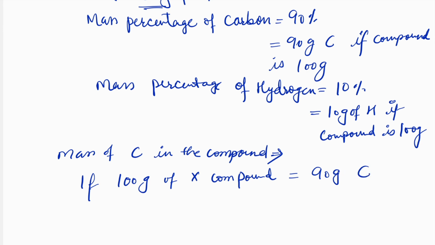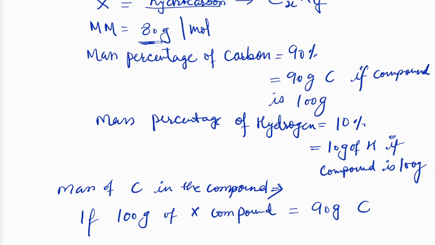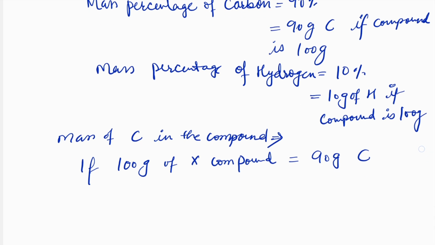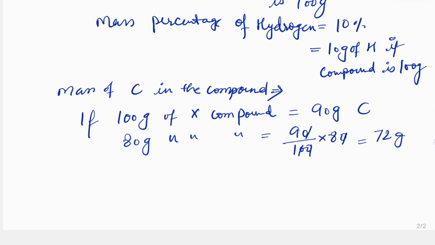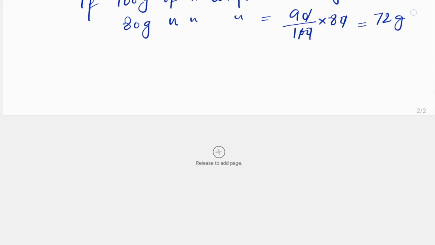But we have been given that the mass of the particular substance is 80 gram. So 80 gram of X compound is going to be 90 divided by 100 multiplied by 80. So that is going to be 9 8s are 72 gram. Okay, so 72 grams of carbon is present.